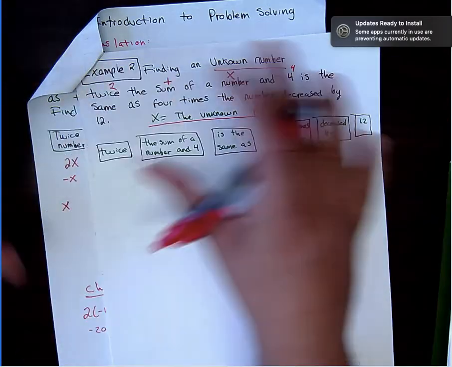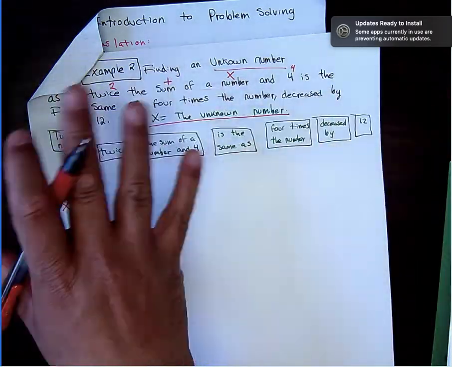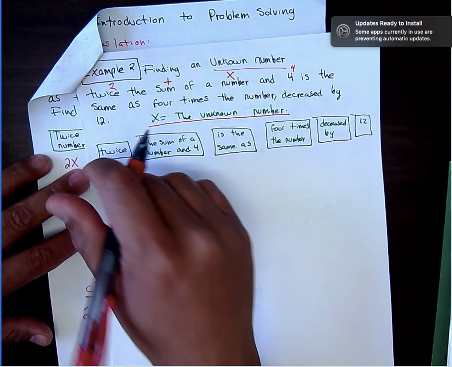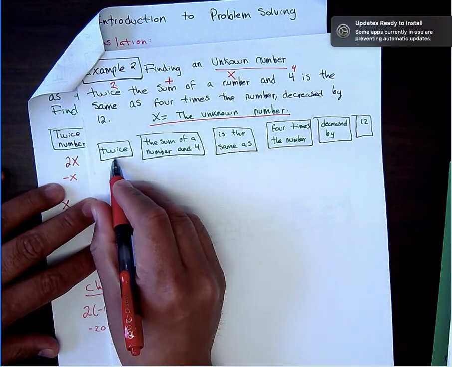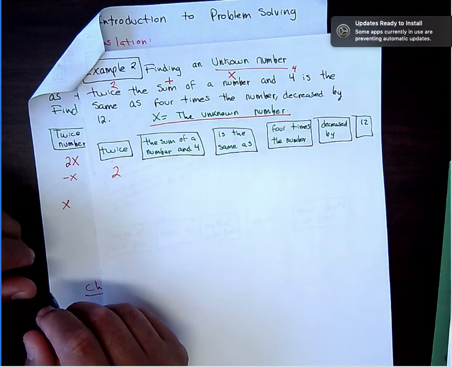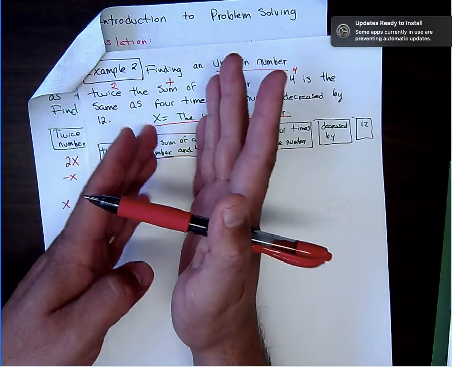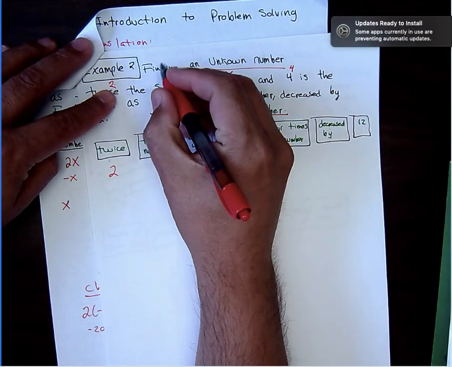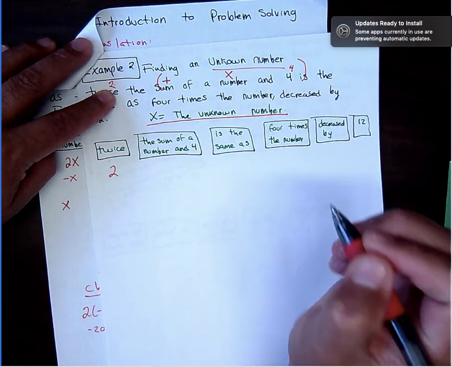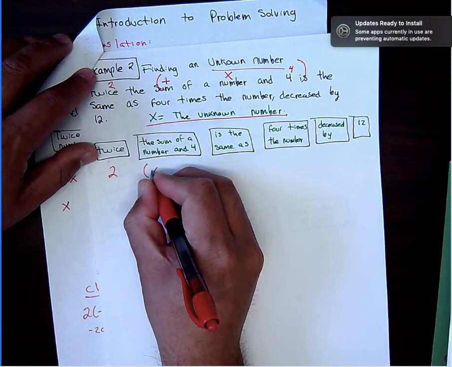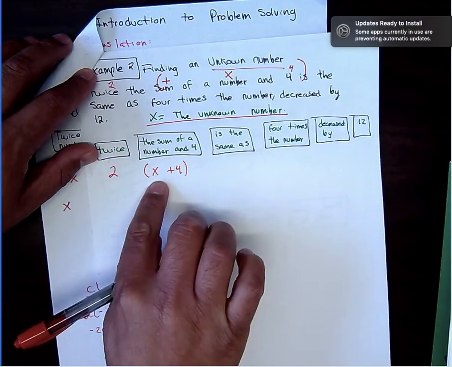The words don't really match directly, one-to-one, to the mathematical translation. Like twice would be times 2. The sum of a number and 4, so this is all of this together. So you would have x plus 4. This is the sum of a number and 4.